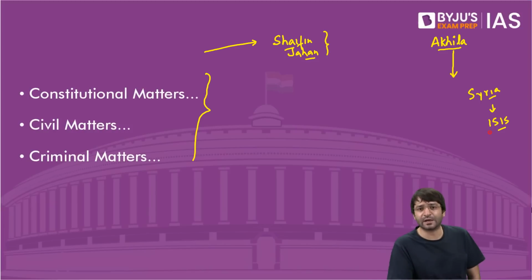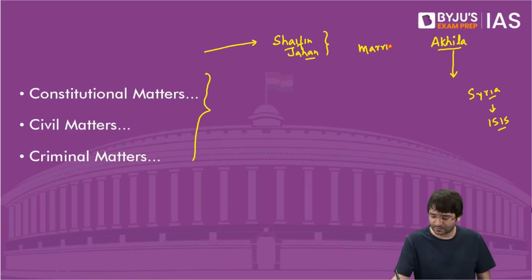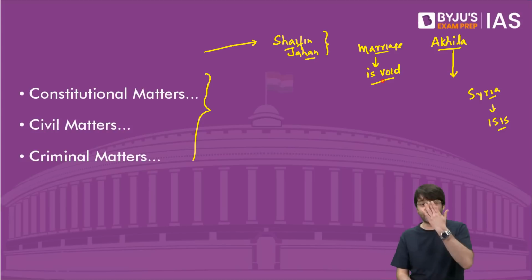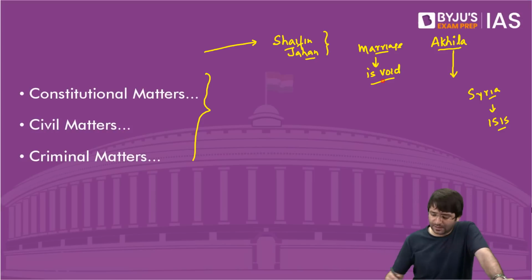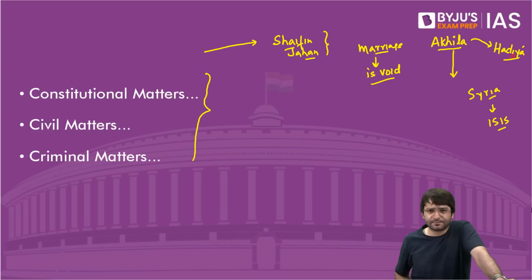The matter went to the Kerala High Court. The Kerala High Court said this marriage is void. This marriage is not legal. Akhila had later changed her name to Hadia. This marriage is not valid.